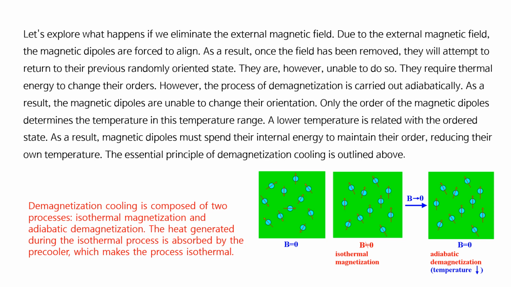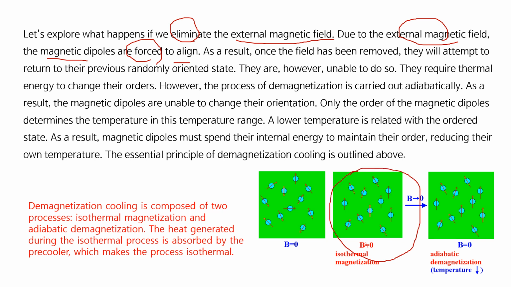Let's explore what happens if we eliminate the external magnetic field in the adiabatic demagnetization process. Due to the external magnetic field, the magnetic dipoles are forced to align.